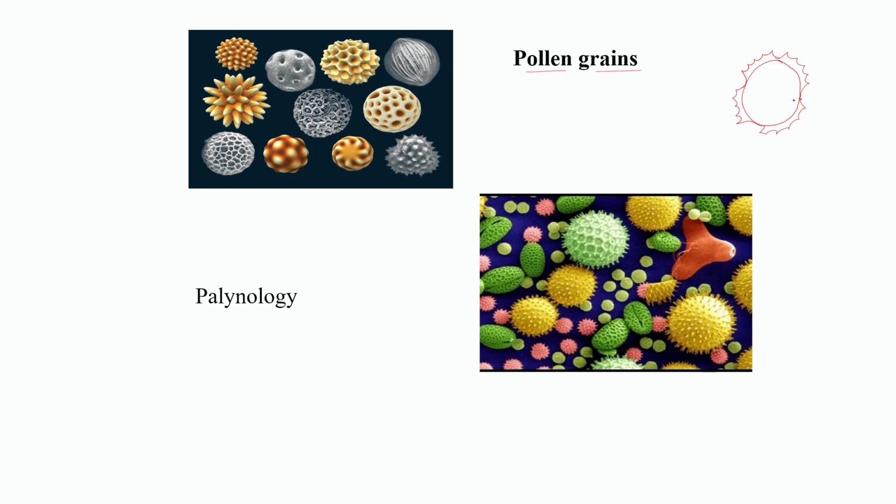Okay, so this pollen grain will have outer layer known as exine and the inner wall known as intine.